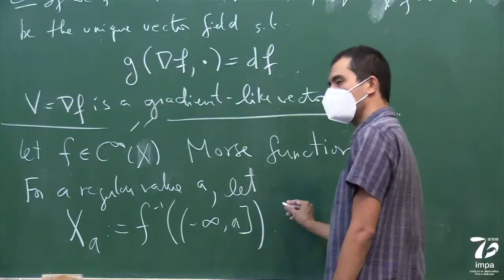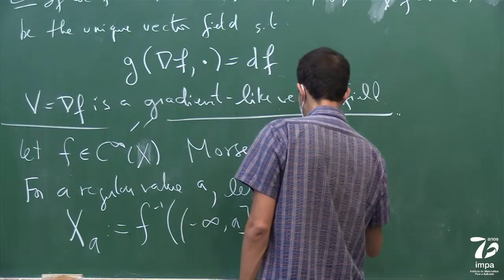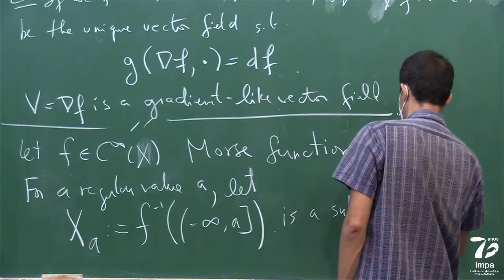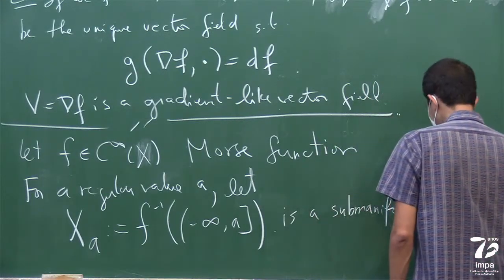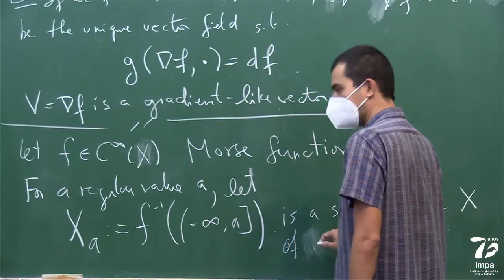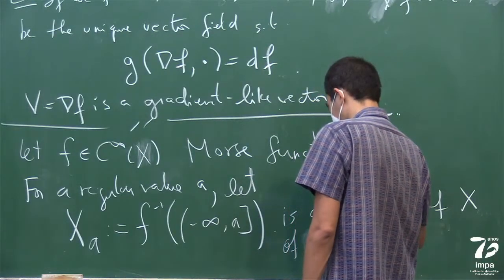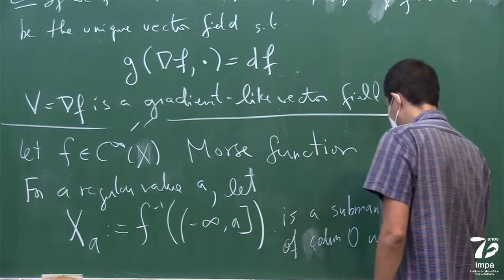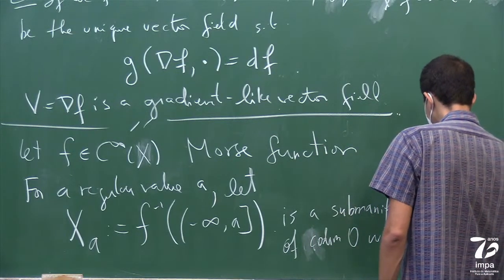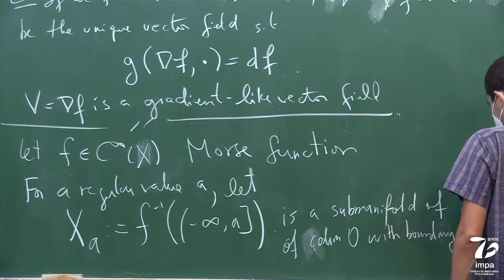We proved that a few classes ago. It is a submanifold of X. It has codimension 0, so it has the same dimension as X, and it has boundary f inverse of A.